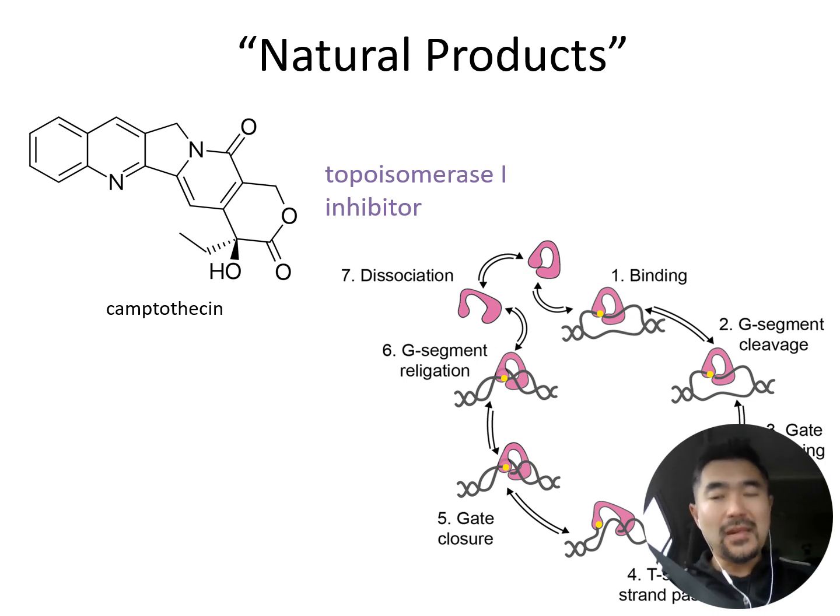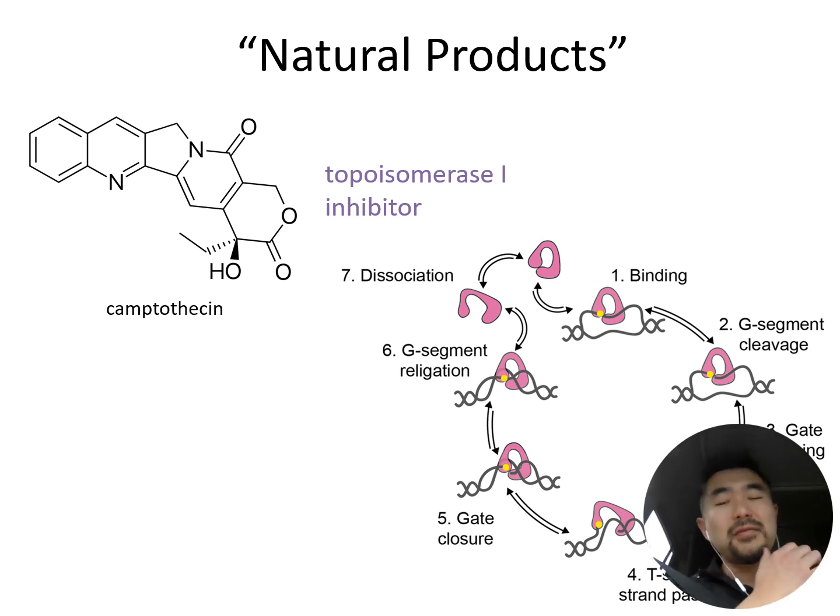Similarly, other small molecules that bind to enzymes or proteins needed for cell replication tend to be called natural products. Such is the case with camptothecin, which is a topoisomerase inhibitor.